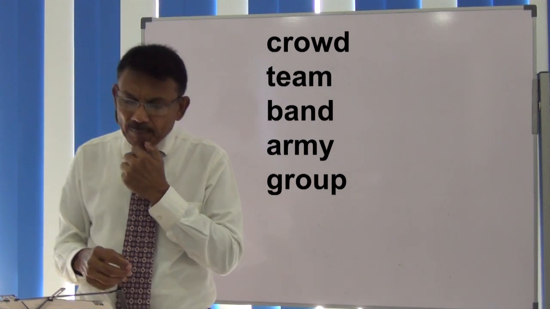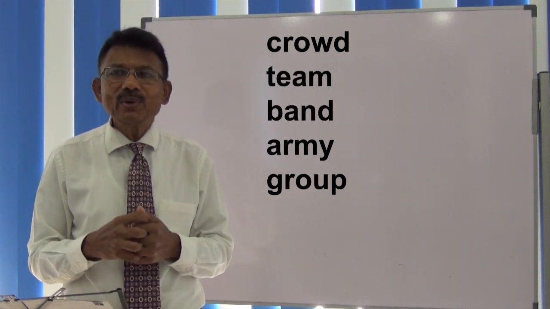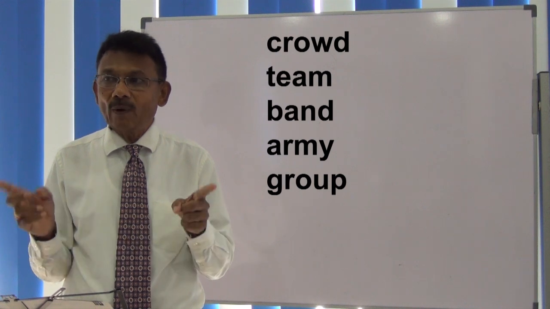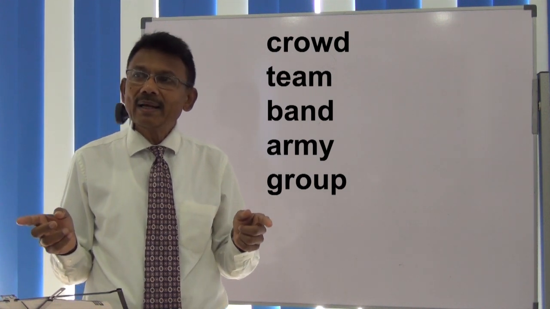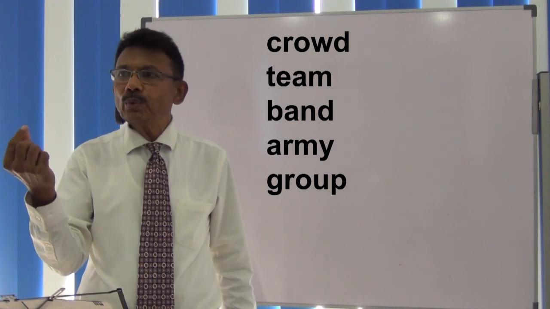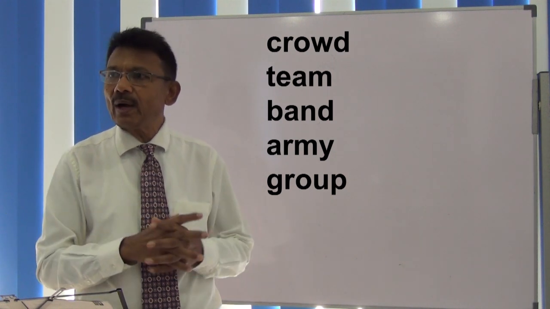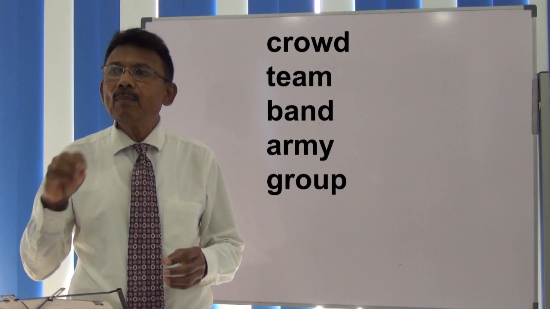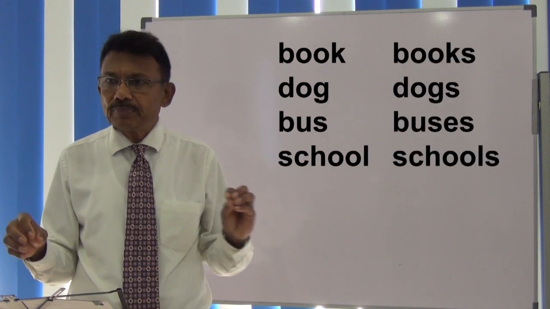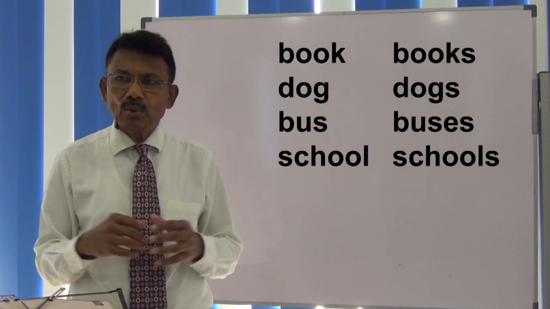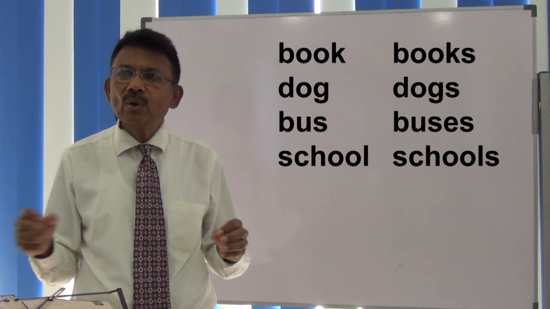Okay, then plural nouns. Everybody knows that a noun has 2 forms, singular and plural, right? When we are referring to one person, one animal, one thing or one place, it is singular noun. Plural is more than one. Book, singular, books, plural. Dog, dogs.